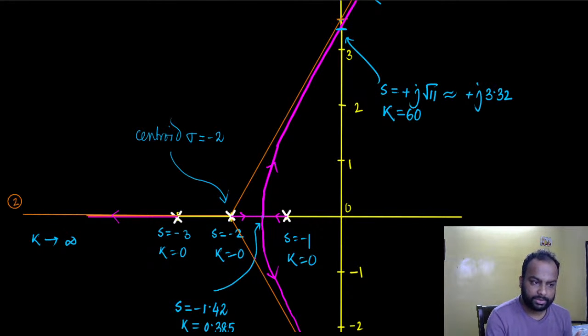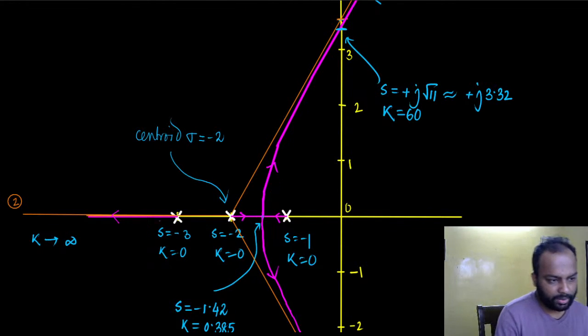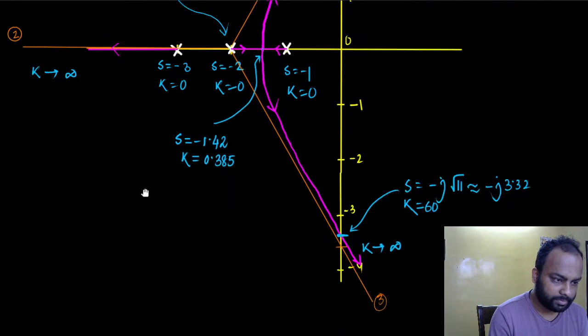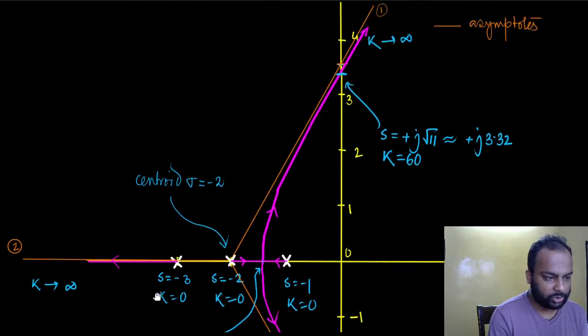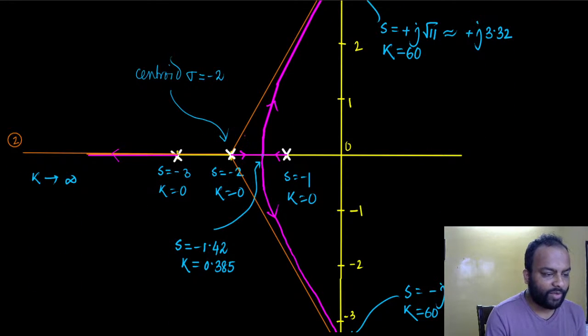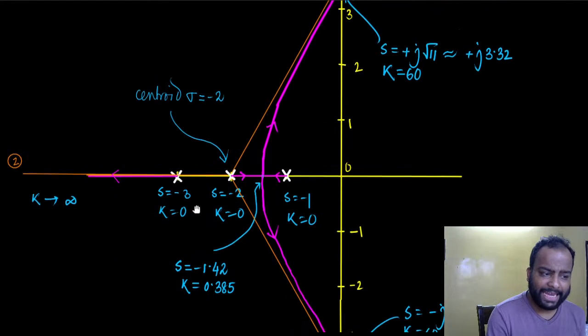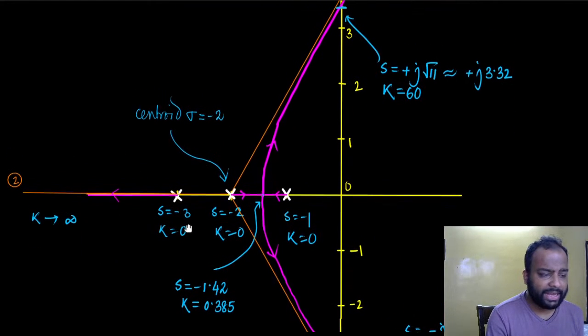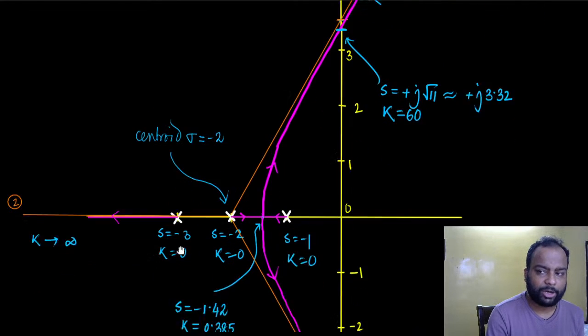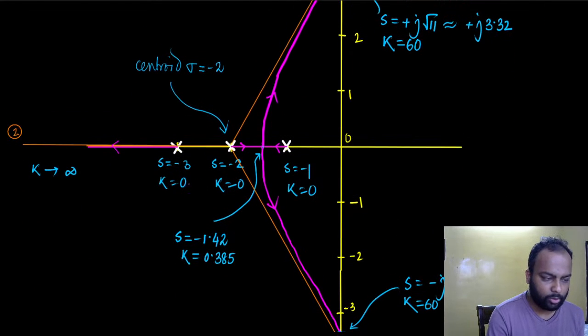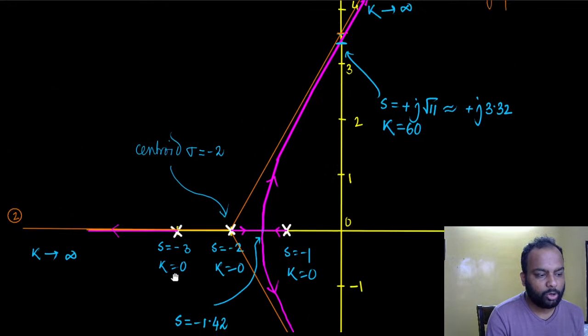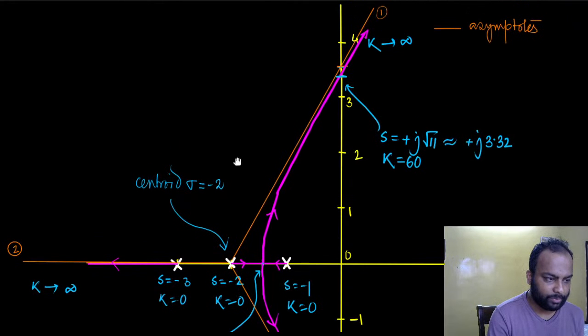All right, with that said, let's think about what we have learned so far, right? We have learned that the root locus starts at k equal to 0 at the locations of the open loop poles, and as the gain increases, the root locus either ends at open loop zeros or goes to infinity along the asymptotes, right?